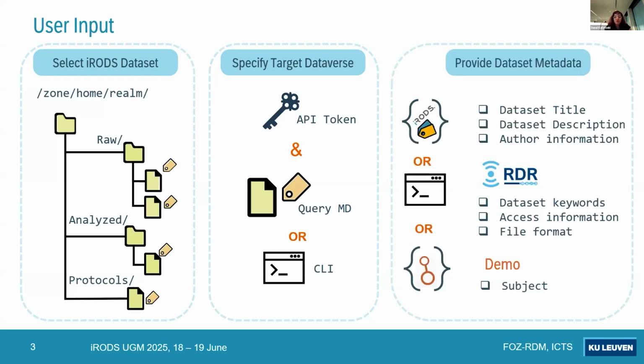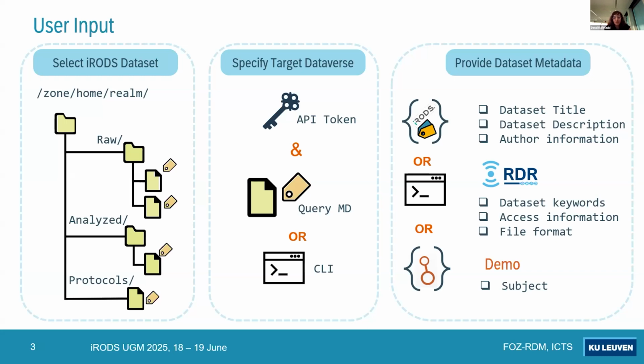And third, the user should provide the dataset metadata, and this equals filling in the metadata template of the specific Dataverse installation. There are fields that are standard and fields that are custom for each Dataverse. The standard metadata is dataset title, description, or author information. And then RADAR requires also keywords, access information, and file formats.